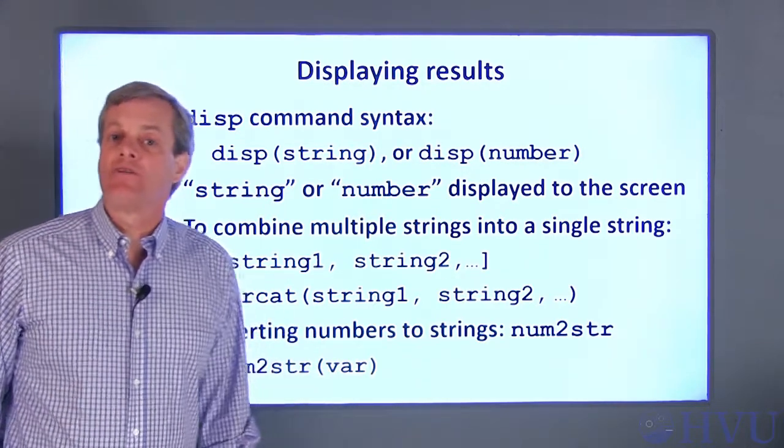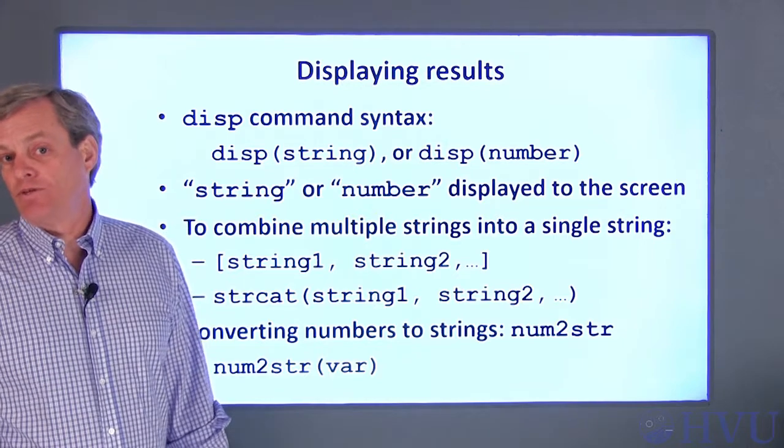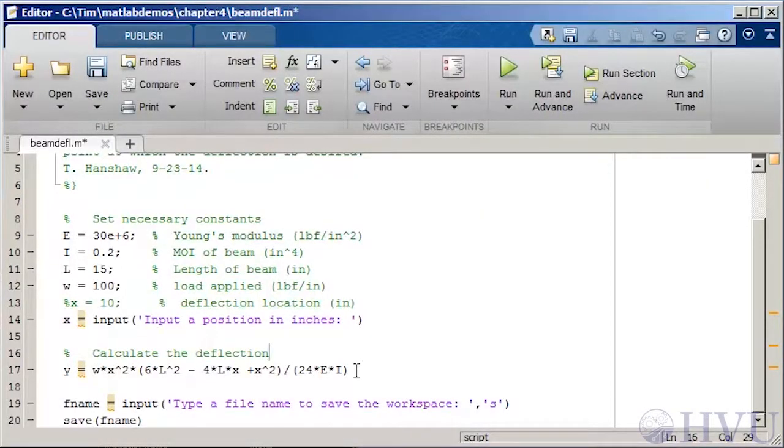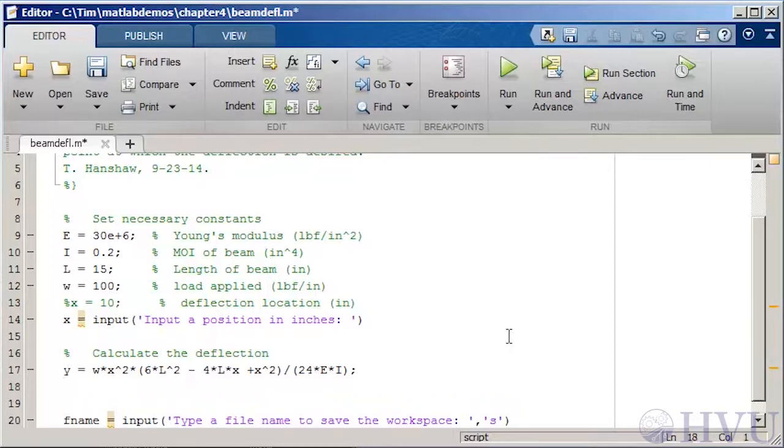Let's take a look at how this works with the example script file we used in our last demonstration. First, I'll add a semicolon to the calculation of the displacement to suppress MATLAB's default method of displaying the results. Now I'll display the results using the disp command.